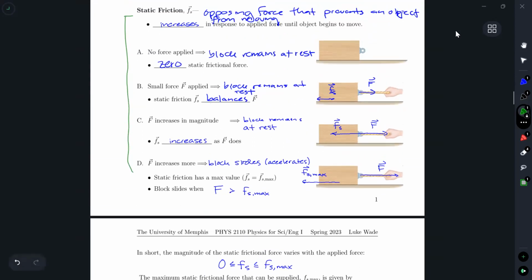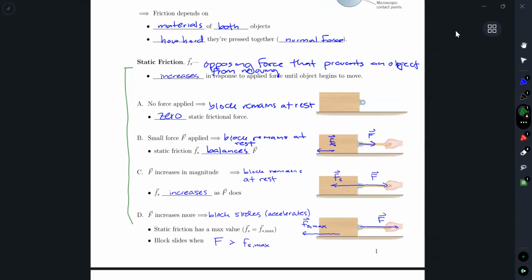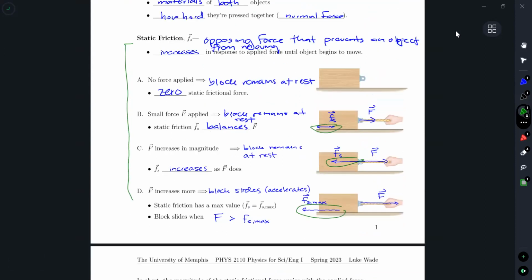This is what static friction does in general, it just resists whatever pull is acting. So if you've got this force acting to the right, the static frictional force is opposing it, and is exactly as large. You pull a little bit harder, the frictional force gets larger up into that maximum value. Past that, the surfaces can't maintain that static setup, and so the block starts sliding.